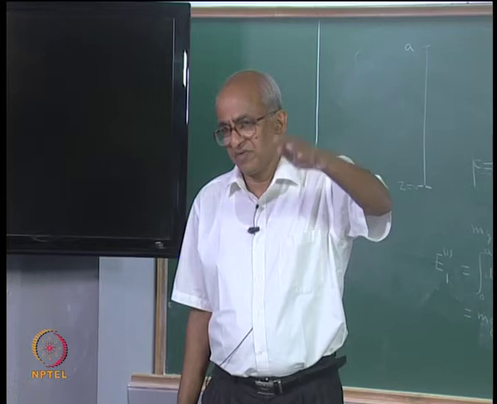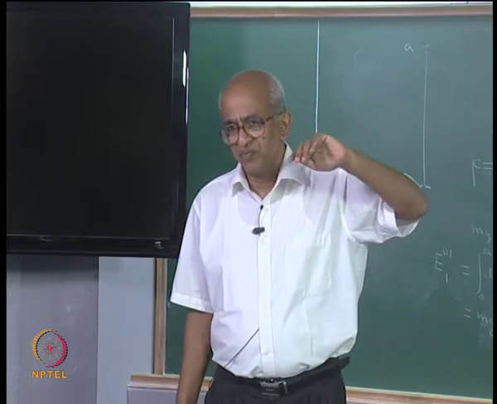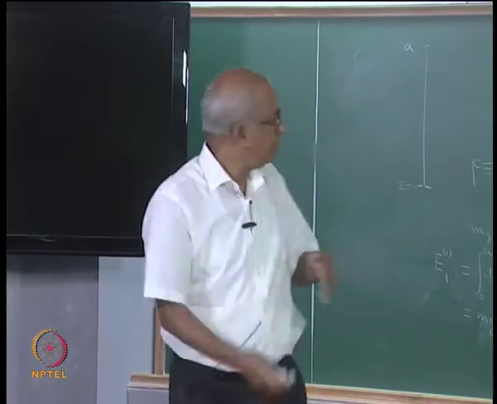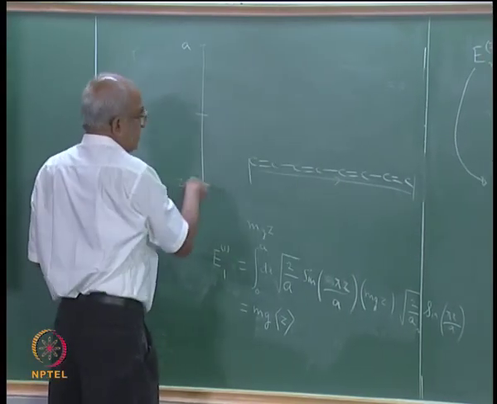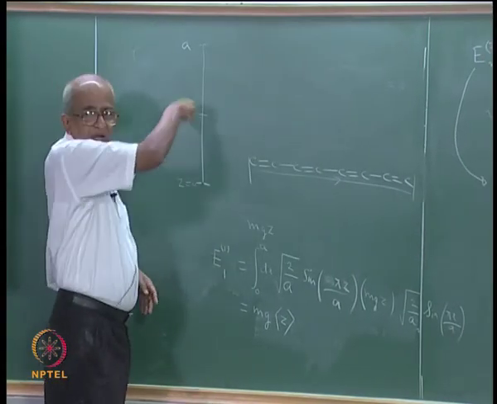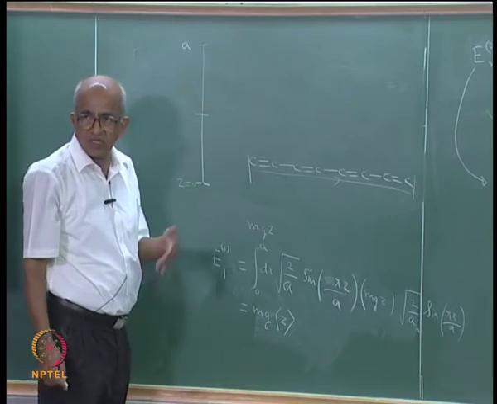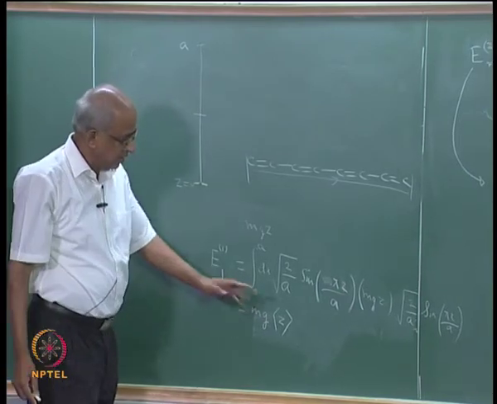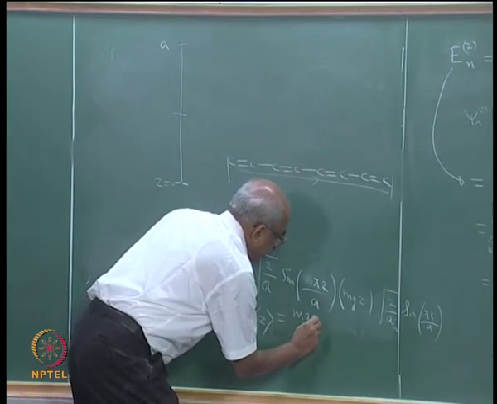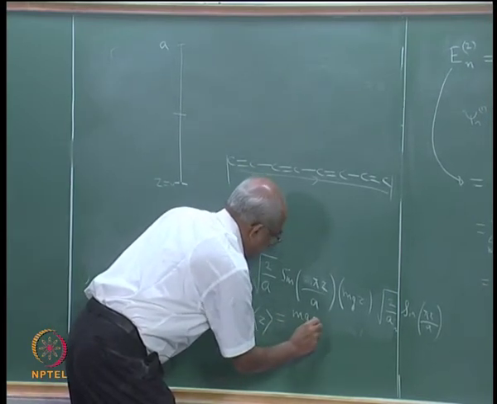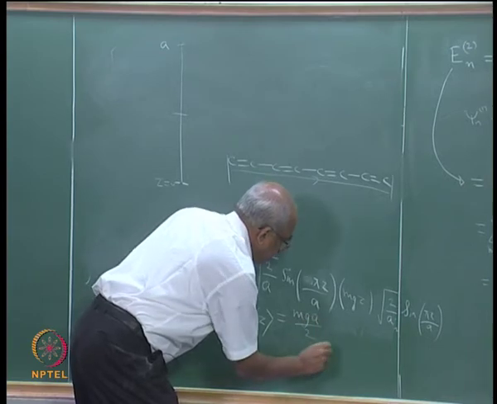The expectation value of z is a by 2, because the particle can be in the upper half or lower half of the box with equal likelihood, therefore the average has to be a by 2, and therefore the correction to the ground state energy of the system will be mg into a divided by 2.